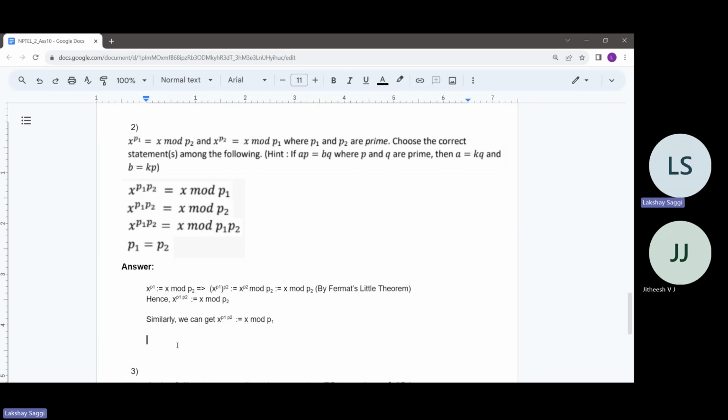But now we have these C and D options also, right? Which are x to the power p1 p2 is actually equal to x mod p1 p2, and similarly the other option, which says p1 equals p2.